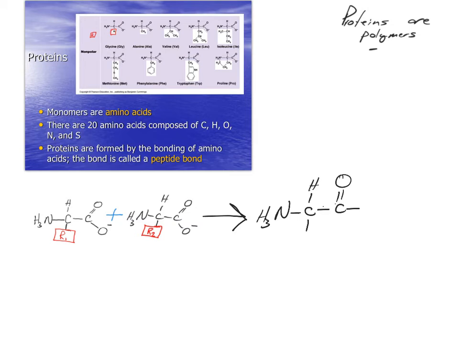Nope. It's going to be connected to the nitrogen. So what's happening here, in case you don't see it, is this carbon is going to make a bond to this nitrogen. Okay? That's what's going to happen.